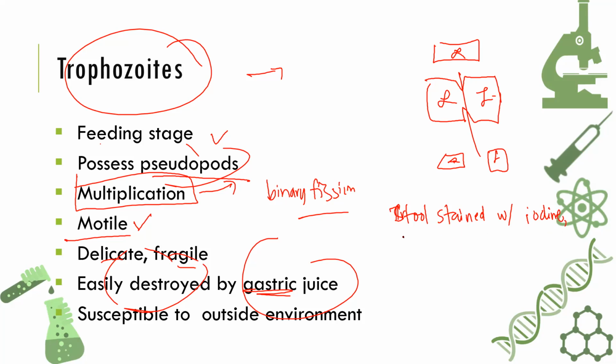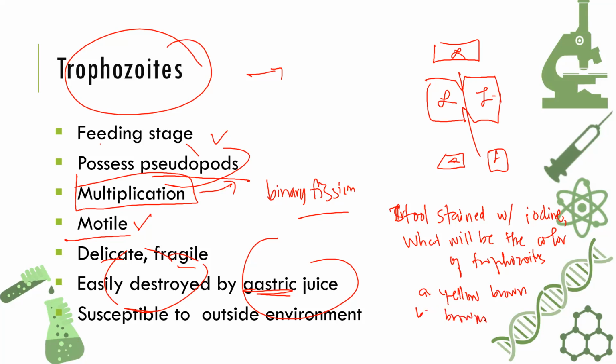What will be the color of the trophozoites? A. Yellow brown. B. Brownish yellow. C. Yellow. D. None.